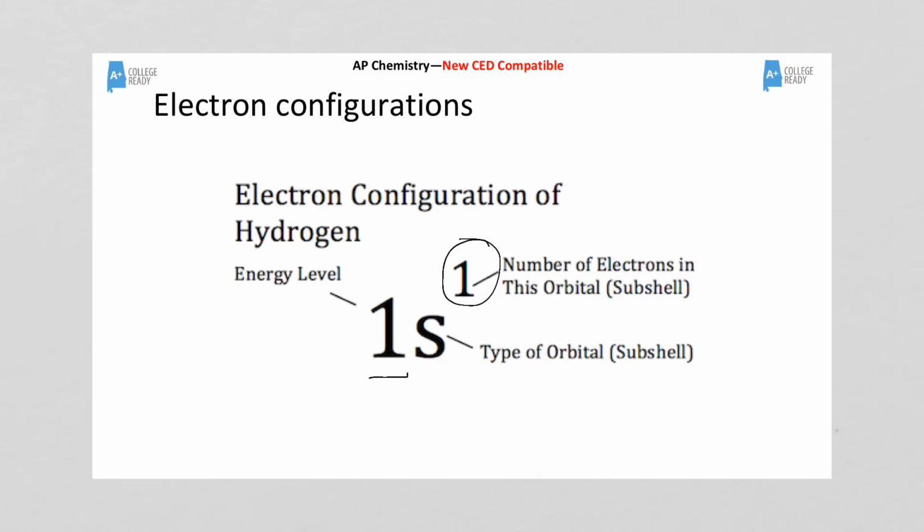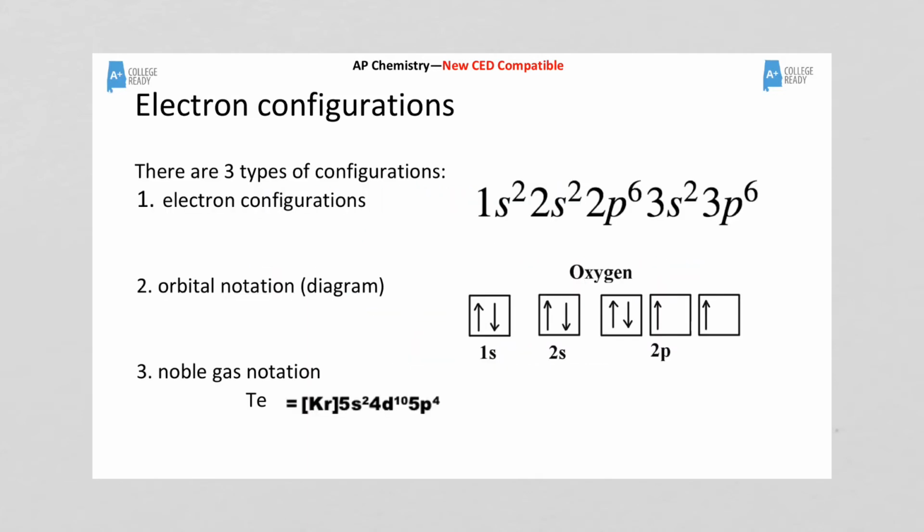So the first energy level is right outside the nucleus, and it only has this s sublevel. As you go to each new energy level, it gets a little bit more complicated, and we have new sublevels.